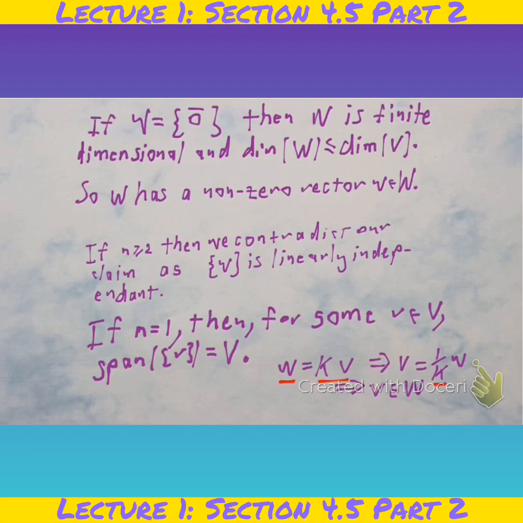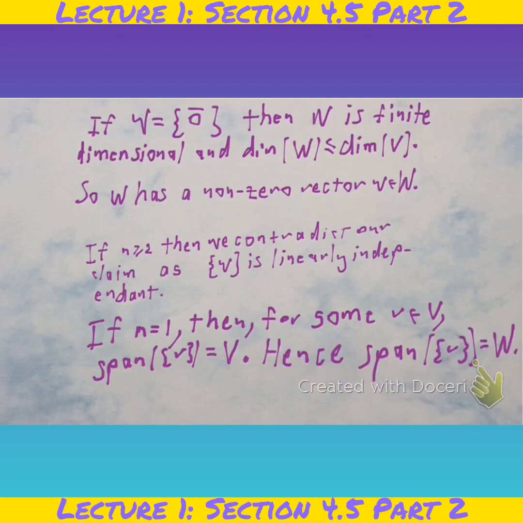So therefore, this is going to imply that v must be in the subspace W. If v is a scalar multiple of a vector in capital W, then v is going to be in capital W, because capital W is closed under scalar multiplication.